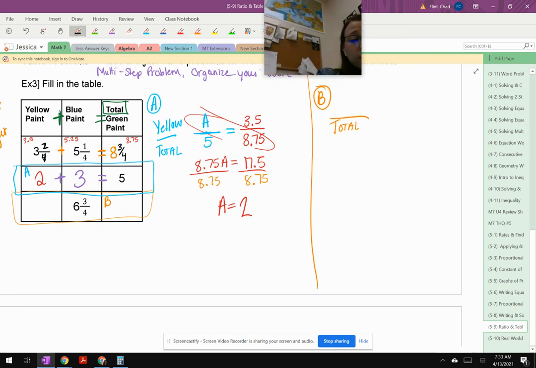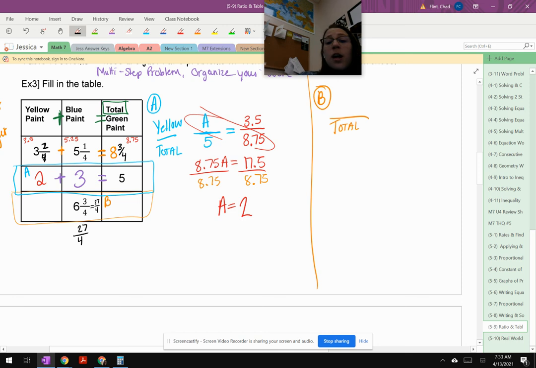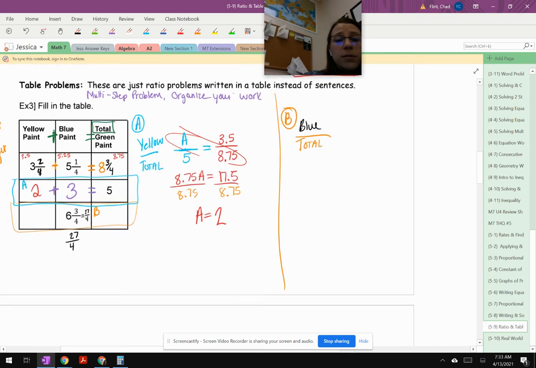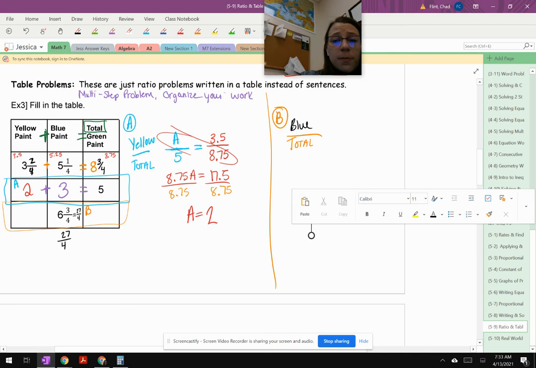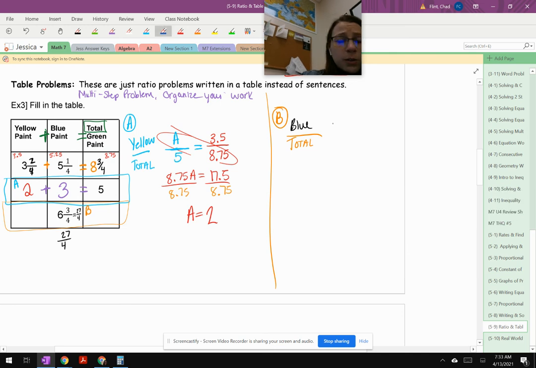This one I'm going to keep as a fraction. So I'm going to turn that 6 3/4 into an improper fraction. 6 times 4 is 24, 25, 26, 27 over 4. So total over blue is what I meant to put there before I got distracted. Okay, so total over blue is going to be equal to, we don't know the total, so that's our B value. That's what we're looking for.